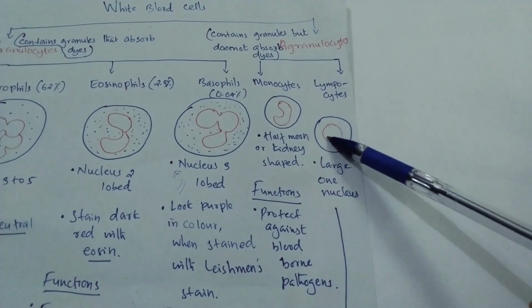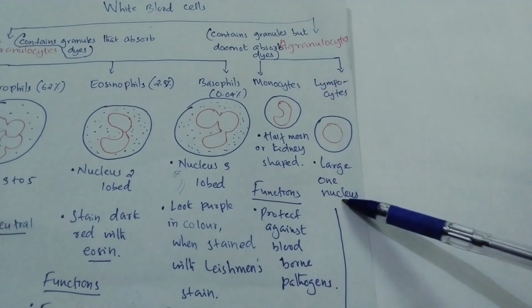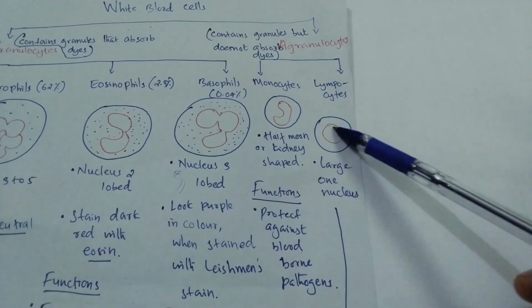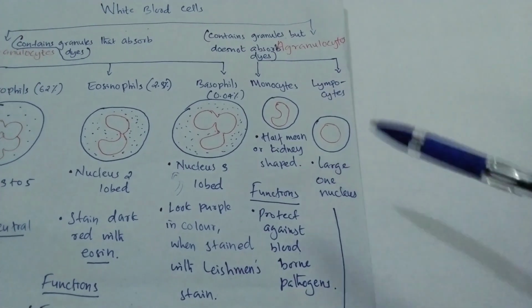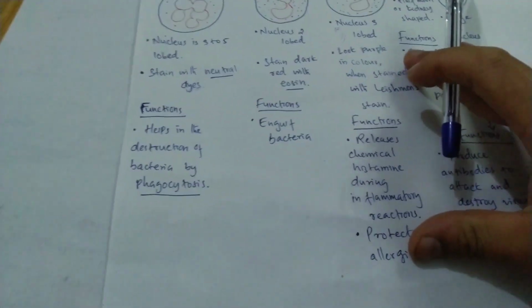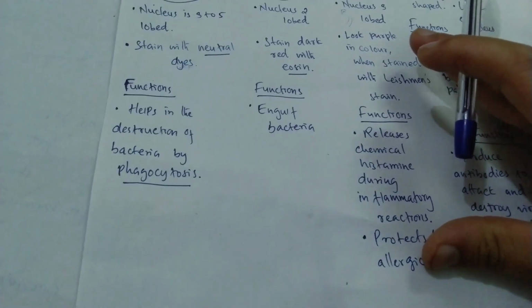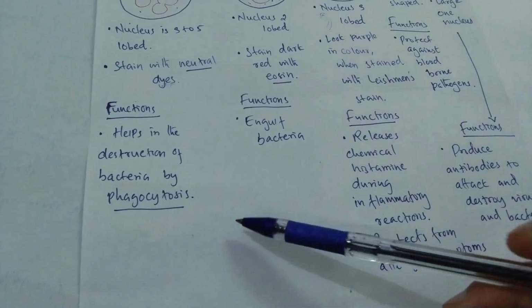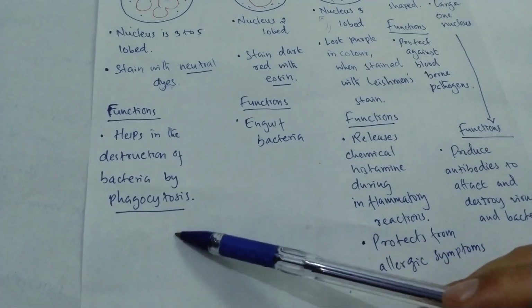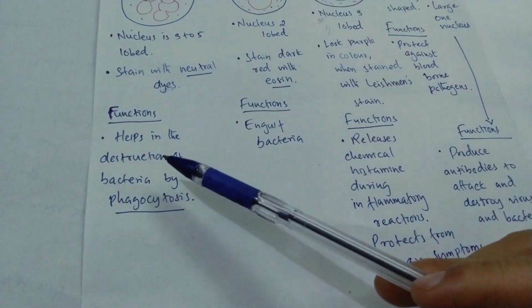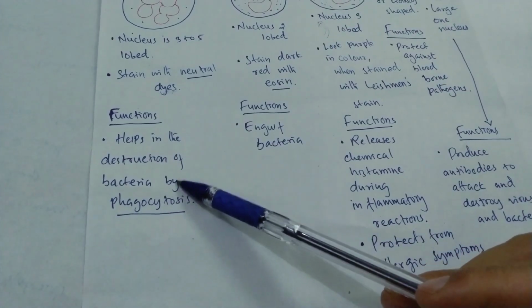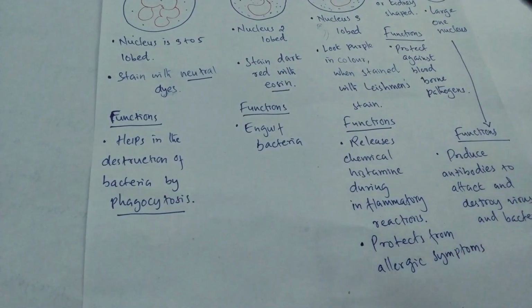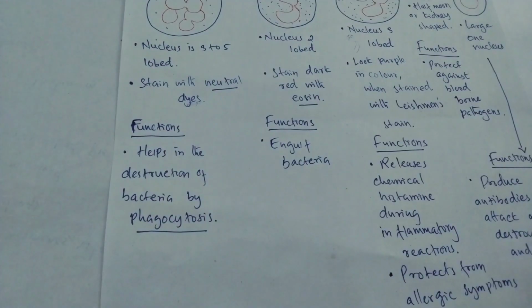Whereas lymphocytes have one large nucleus. So let us look at the functions of each cell. Firstly, the function of neutrophils. The neutrophils help in the destruction of bacteria by phagocytosis. Neutrophils are the first responders in our body.